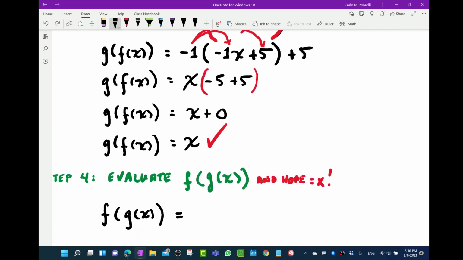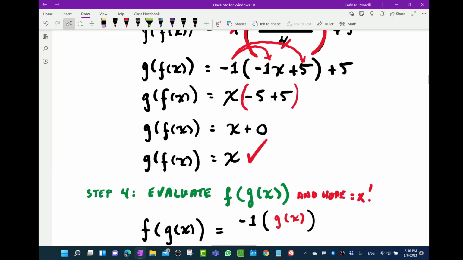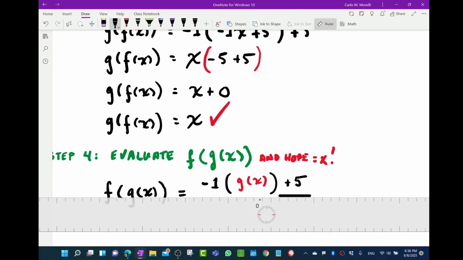I'm putting g of x in there as a little placeholder. Please use a straight edge for the fraction bar, over 4.